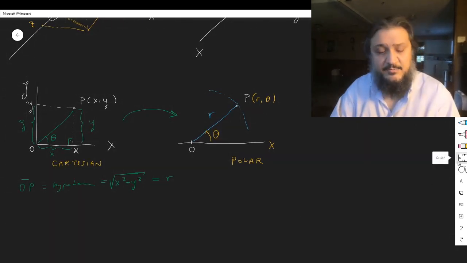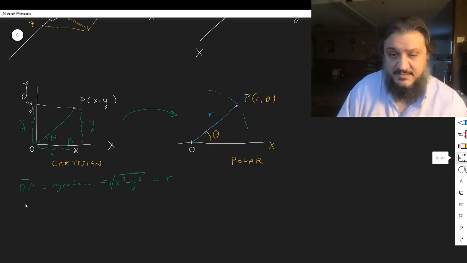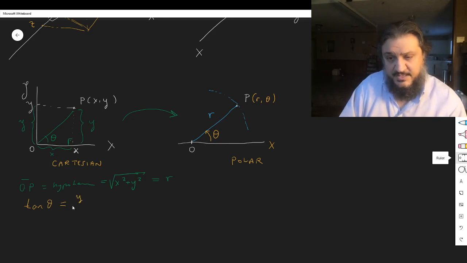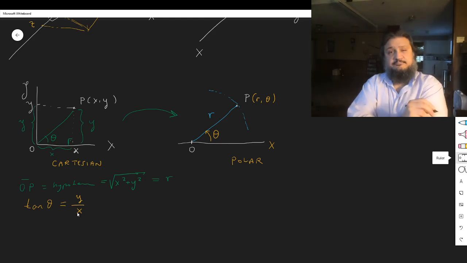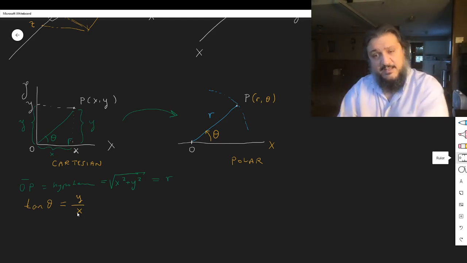We have sine, we have cosine, we have tangent, right? Let's use tangent. Tangent of this angle theta is equal to side opposite divided by side adjacent, which means y over x.